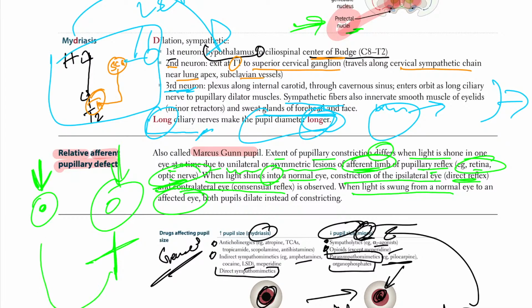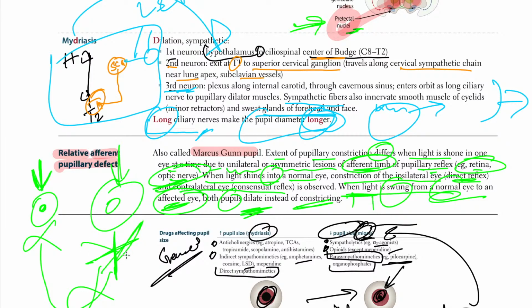And it's not going to let the other eye constrict because the whole connection is out. There is no connection. Exactly what they write here: when the light is swung from a normal eye to an affected eye, both pupils dilate instead of constricting. It's the opposite of what they're supposed to do. They were supposed to constrict, but when you have a problem, they dilate.